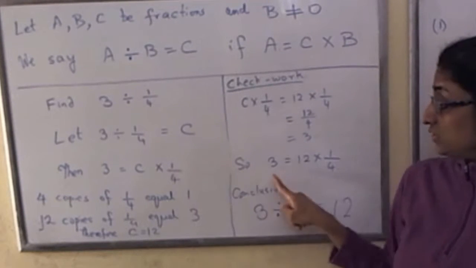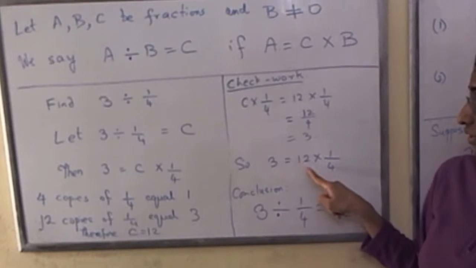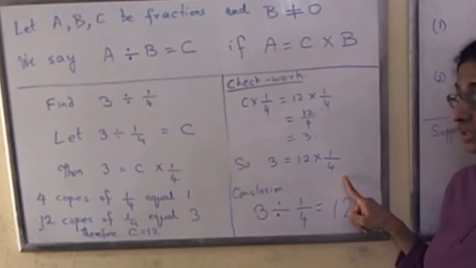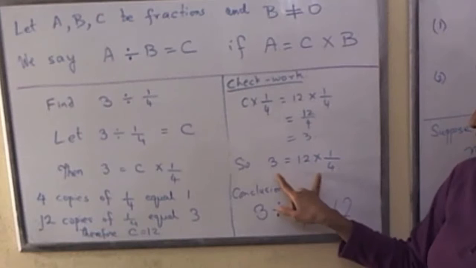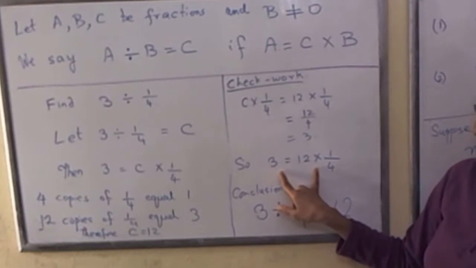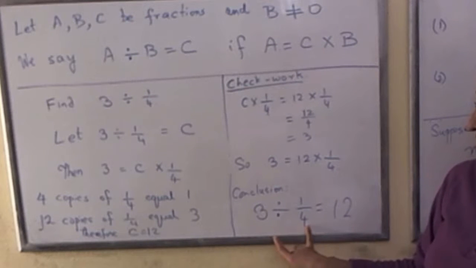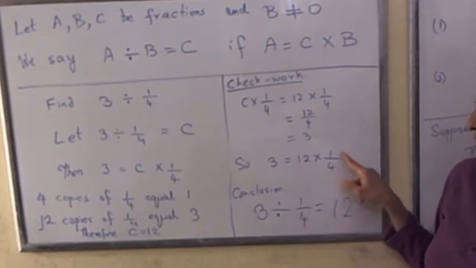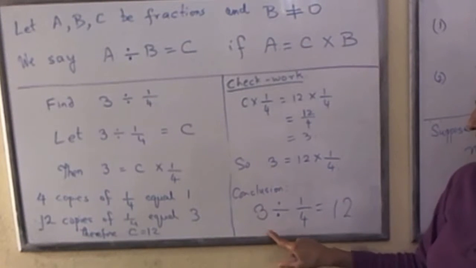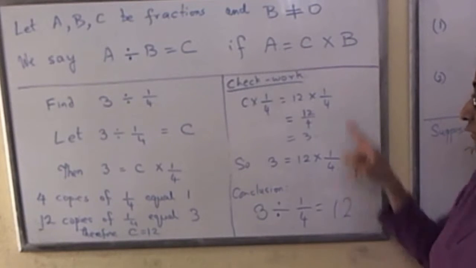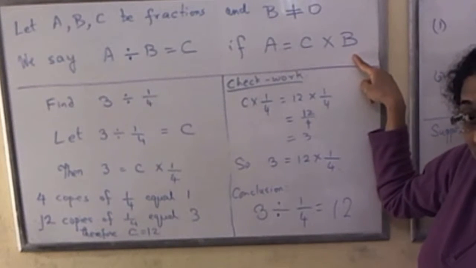And so we conclude 3 equals 12 times 1/4. And then that really translates to this multiplicative equation. We can also write it as a division statement. If 3 equals 12 times 1/4, that's the same as saying 3 divided by 1/4 equals 12 using this very definition.